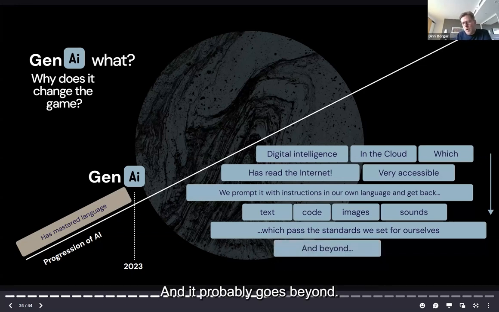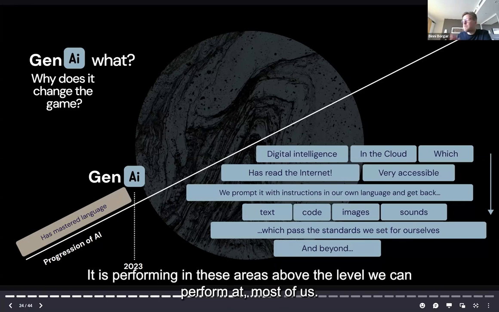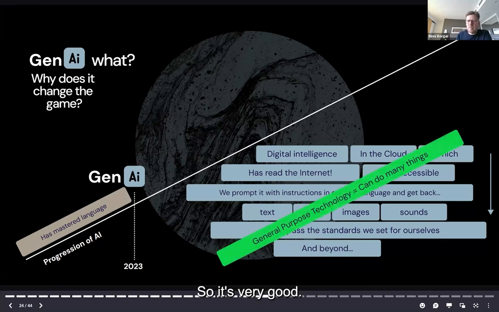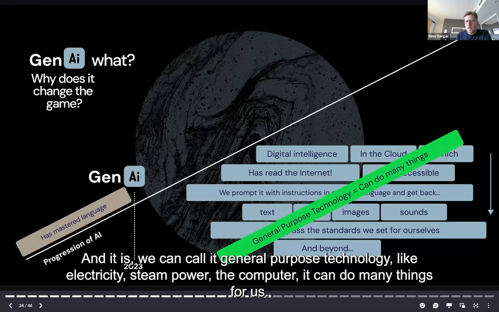And it probably goes beyond. It is performing in these areas above the level most of us can perform at. So it's very good. And we can call it a general purpose technology, like electricity, like steam power, like the computer. It can do many things for us.